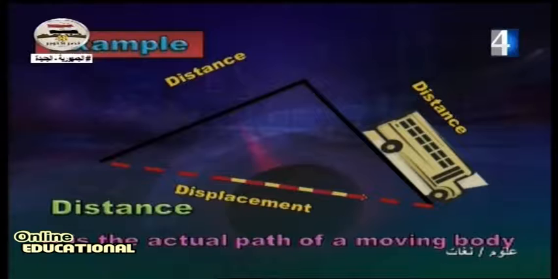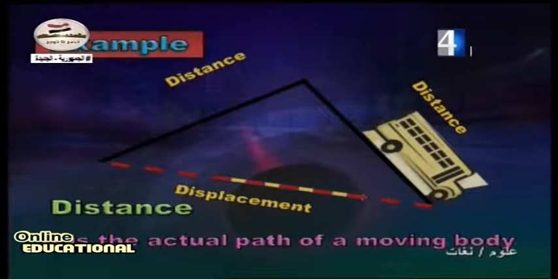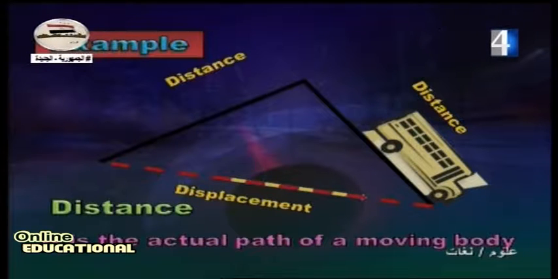Again, if an object moves from A to B then to C, like the broken black dotted line in front of us, and the bus moves along it, this is distance. But if the bus moves from A to B in a straight line in one direction, it is called displacement.